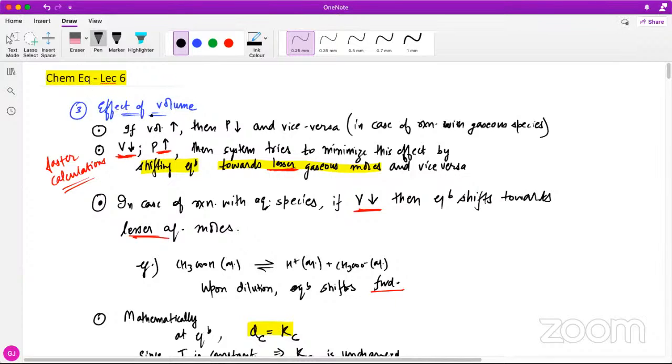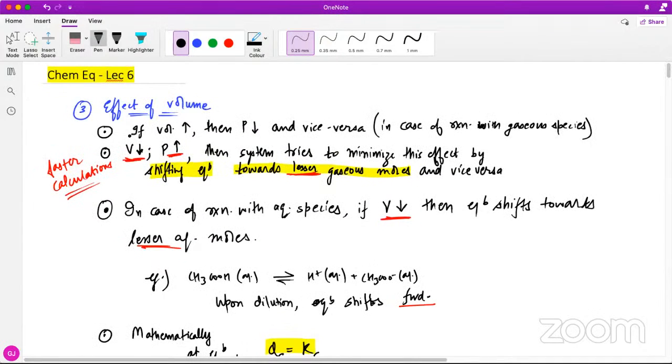So here, you write the heading Effect of Volume. Then write the first bullet point: if volume increases then pressure decreases and vice versa, which we can definitely put as a thought in the case of reactions with gaseous species, right?